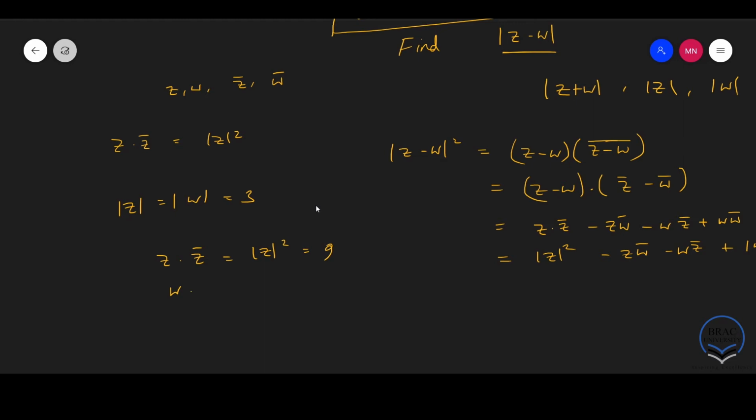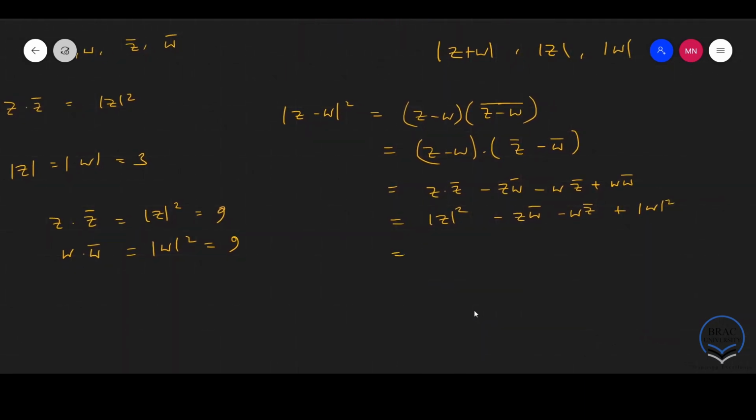And w times w bar is equal to the magnitude of w squared, which is also equal to 9. So we have 9 plus 9, so we have 18 minus z w bar minus w z bar, right? And that is equal to the magnitude of this squared.